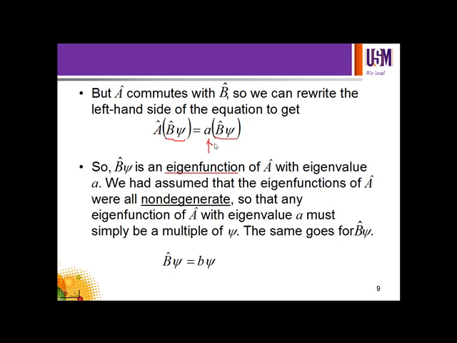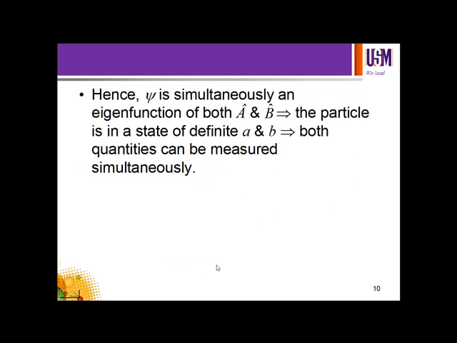That means if we have this relationship above for operator A, then for operator B it is straightforward: operator B multiplied by psi equals eigenvalue small b multiplied by psi, where psi is the eigenfunction. Hence, psi is simultaneously an eigenfunction of both.